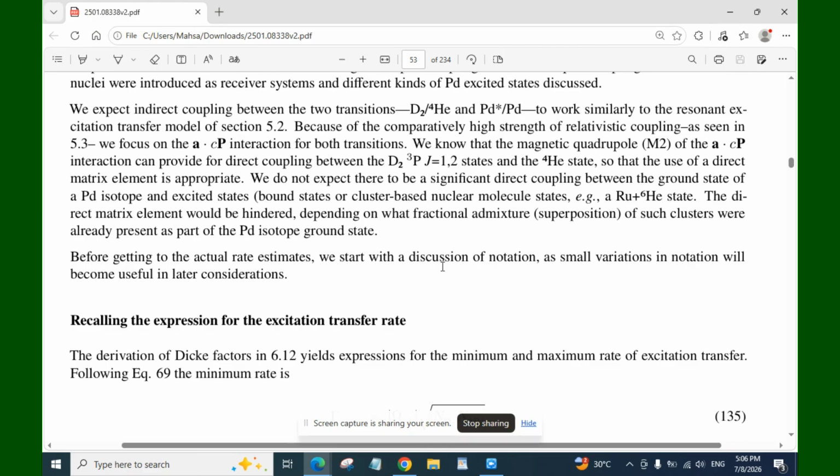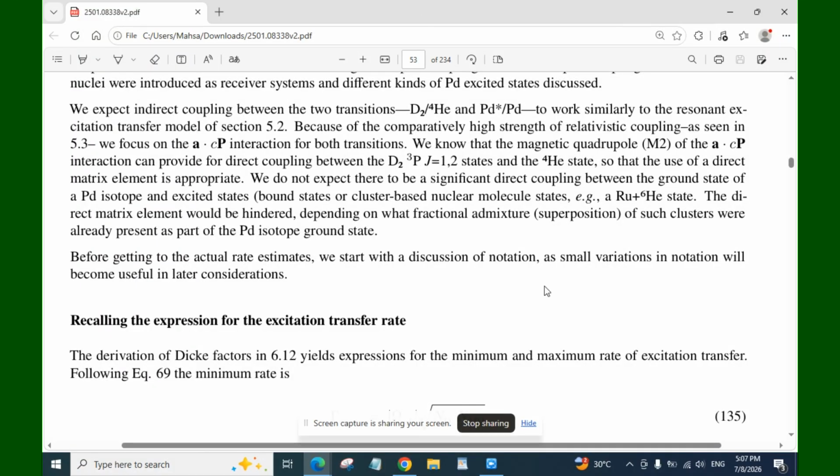We know that the magnetic quadrupole M2 of the ACP interaction can provide for direct coupling between the deuterium P3 J equal to 1 and 2 states and the helium-4 states, so that the use of a direct matrix element is appropriate. We don't expect a significant direct coupling between the ground states of the palladium isotope and excited states, bound states, or cluster-based nuclear molecular states, for example a ruthenium and helium-6 state.